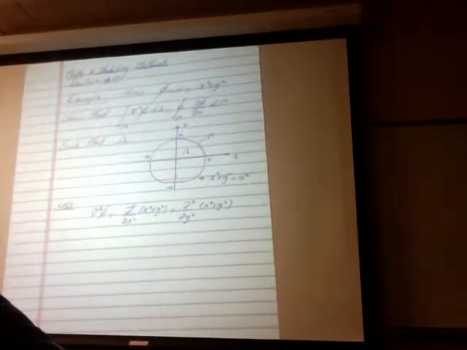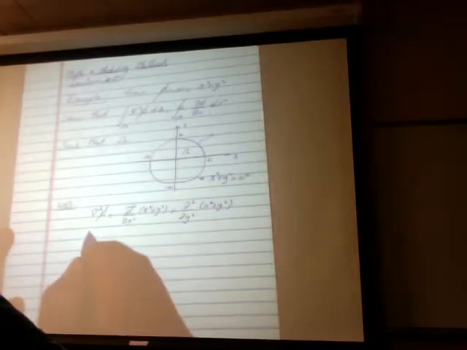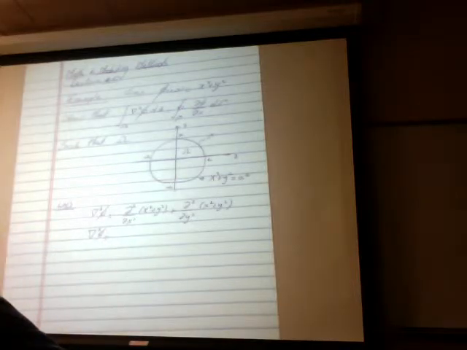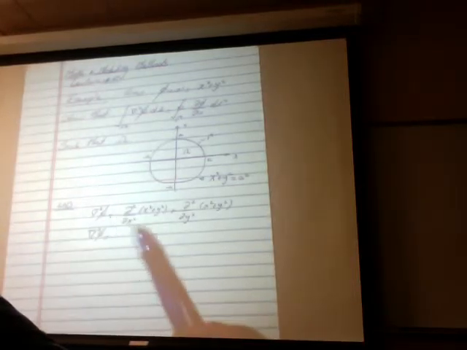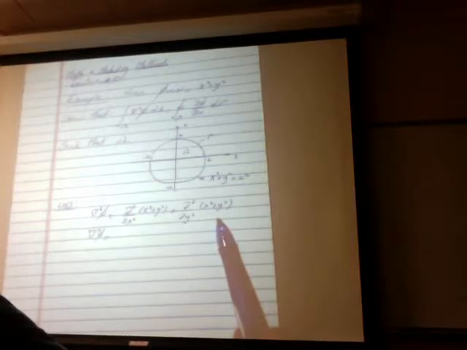So the function phi is differentiated twice with respect to x and with respect to y and added together. So the Laplace of phi, what is the second derivative of this function with respect to x? It would be 2. The first derivative is 2x, second derivative is 2. Here the first derivative is 2y, second derivative is 2.